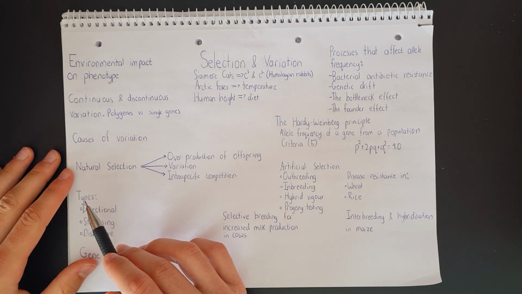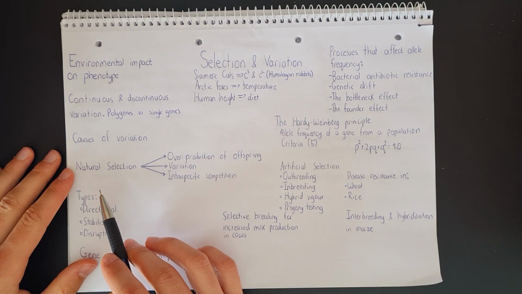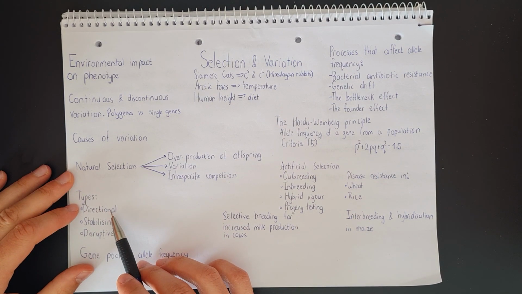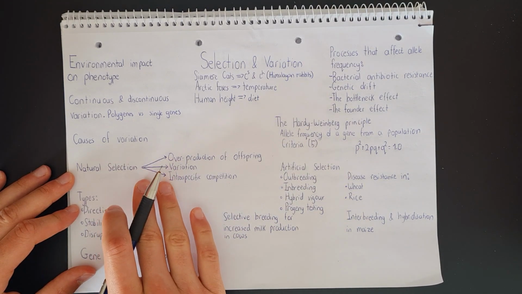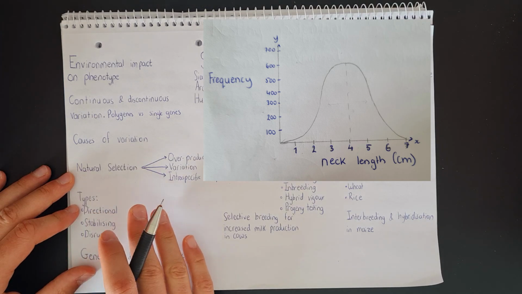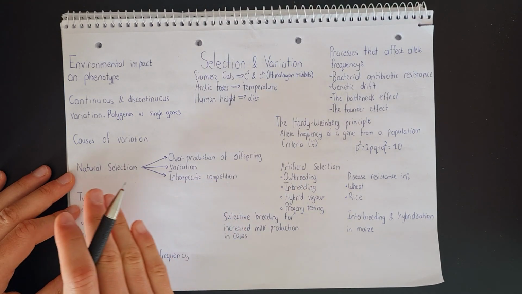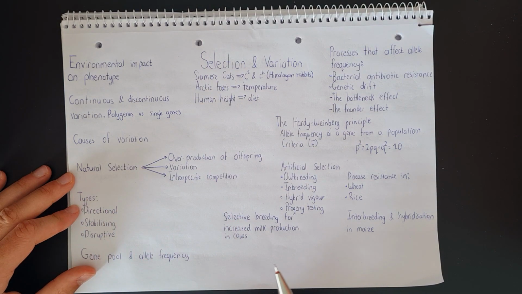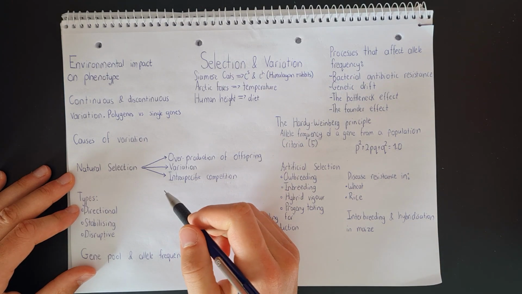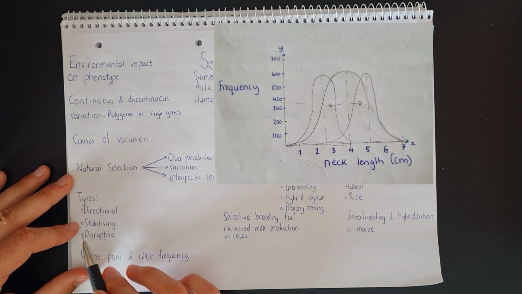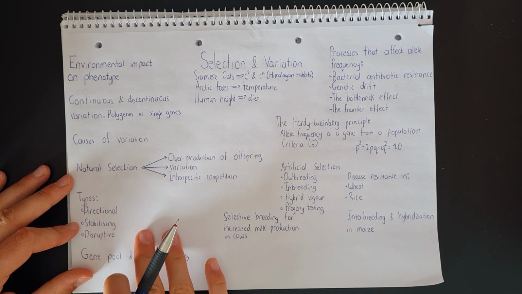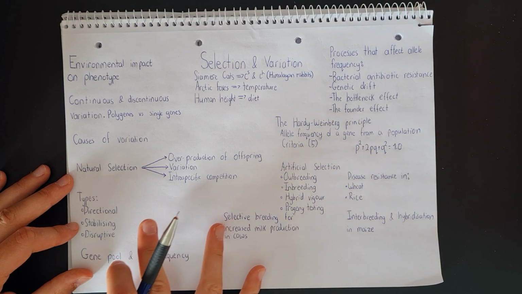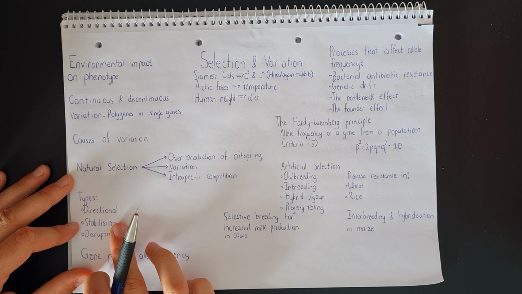Now let's take a look at the three types of selection. We have directional selection, where we have that intermediate phenotype, the average phenotype, and directional selection will be when either of the extreme phenotypes is favored over that intermediate phenotype. Stabilizing selection is when the intermediate phenotype is favored over the two extreme phenotypes.